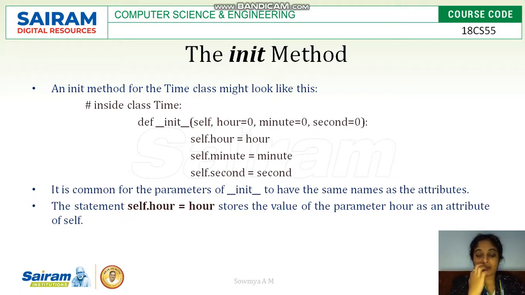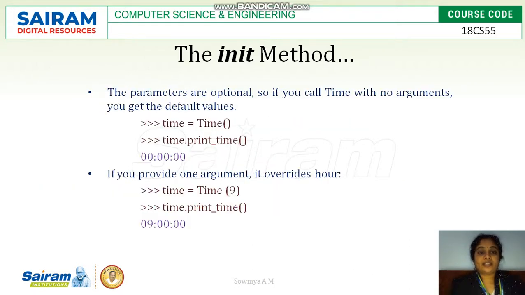So for every object you create for the class Time, the init method will be called instantly once the object is created, and each object will be allocated self.hour, self.minute and self.second.